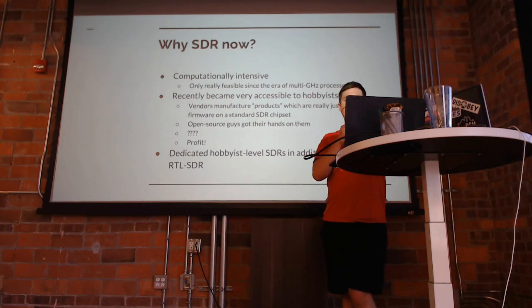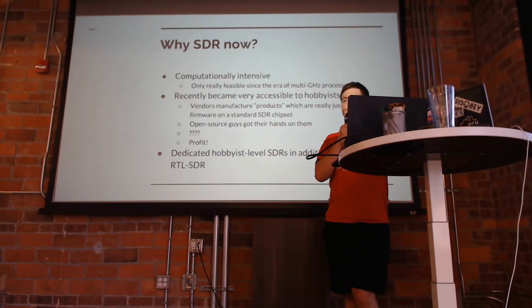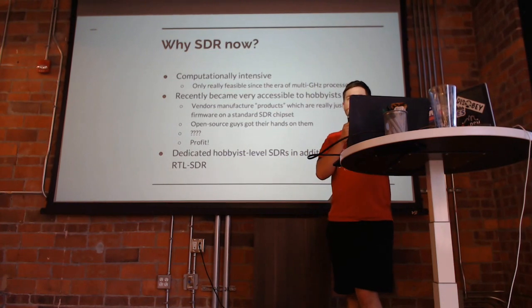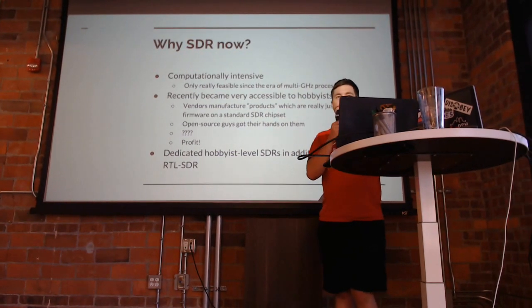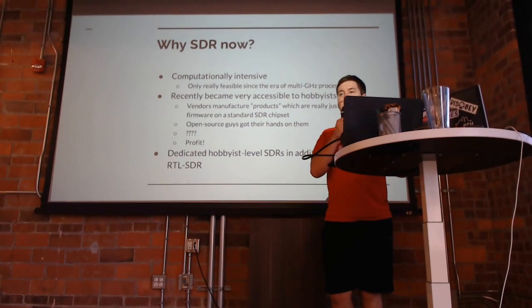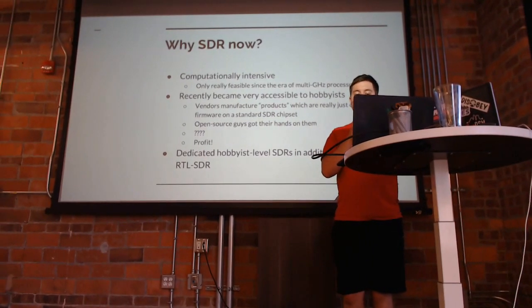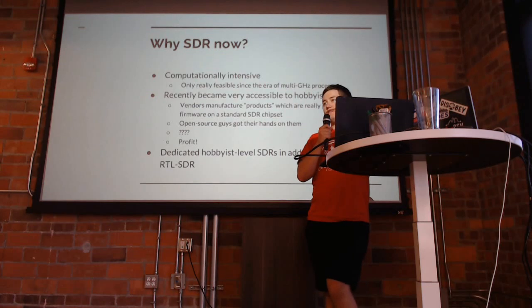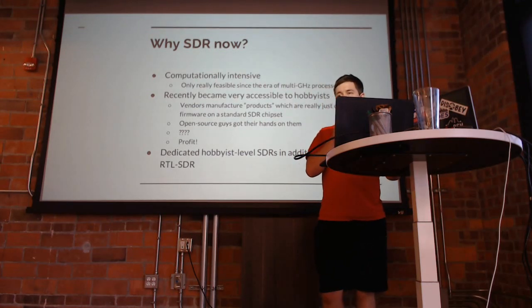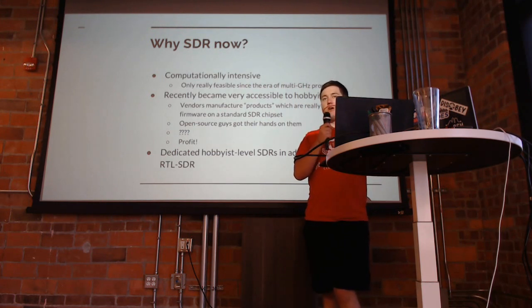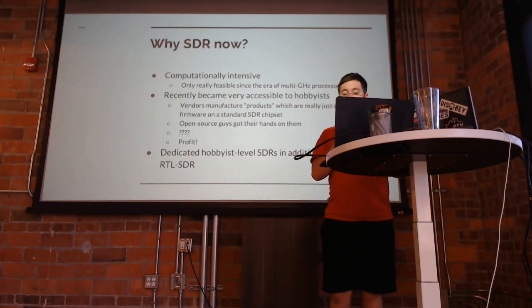But then your hackers, your open source guys, got their hands on it and figured out what these companies are doing, like, wait, we can put custom firmware on those, and boom, now it's a dirt cheap, hobbyist-level software-defined radio. So that's what's really brought it into vogue, the fact that you can go on Amazon and buy a $20 TV tuner that has been rebadged as an RTL-SDR, and get into this whole wonderful world of software-defined radio.